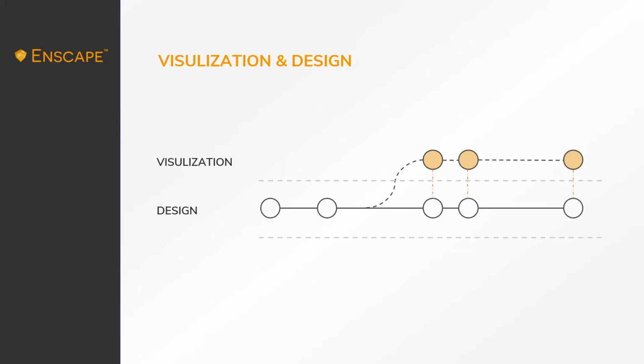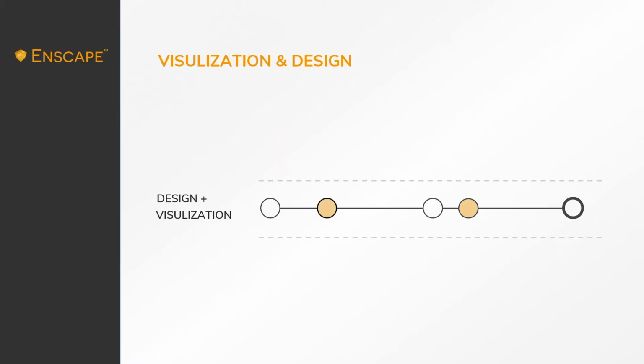Today's process is fractured. We stop design in order to represent, we collect feedback, then manually coordinate what we learned back into our designs, and then we restart the cycle at the next project milestone. But why? Why does rendering and visualization have to be separate from design? Why can't it be integrated?